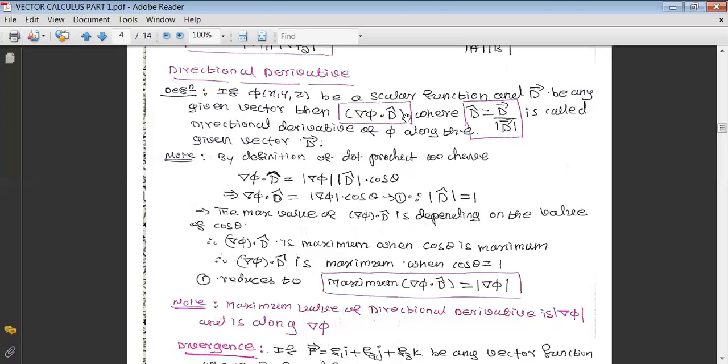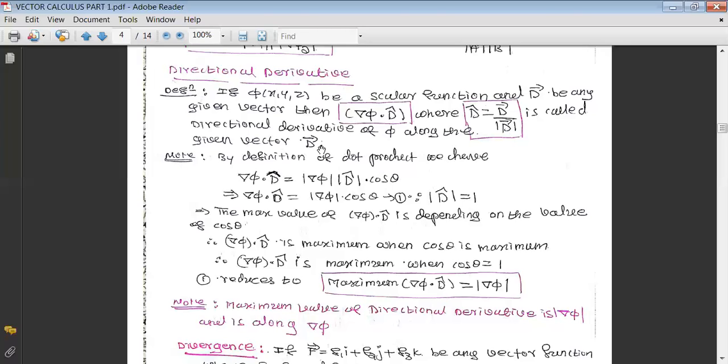That's why the dot product of ∇φ and d cap, where d cap is the unit vector along d, represents the directional derivative of φ in the given direction d.